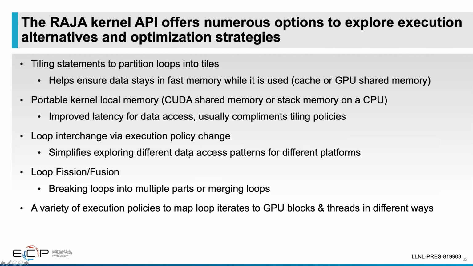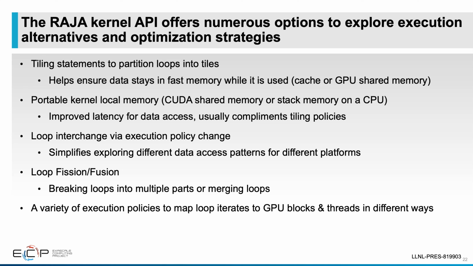So just as a quick summary of the RAJA kernel capabilities, this kernel API offers numerous options to explore execution alternatives and optimization strategies. There's things like tiling statements. This is a technique that takes an iteration space and breaks it up into tiles, and this can ensure that data stays in fast memory while it's being used.